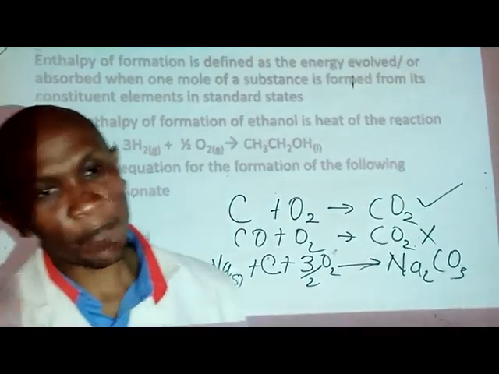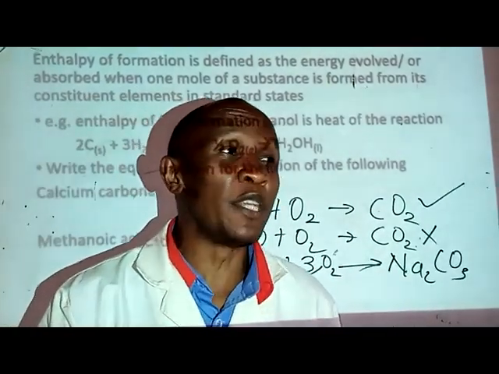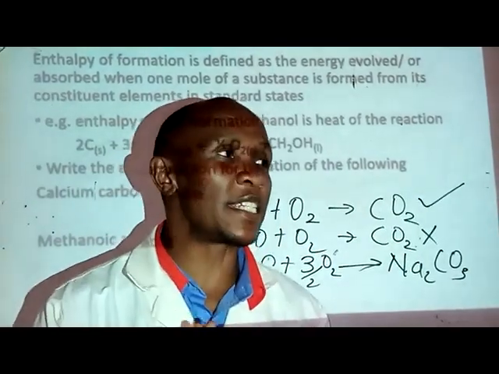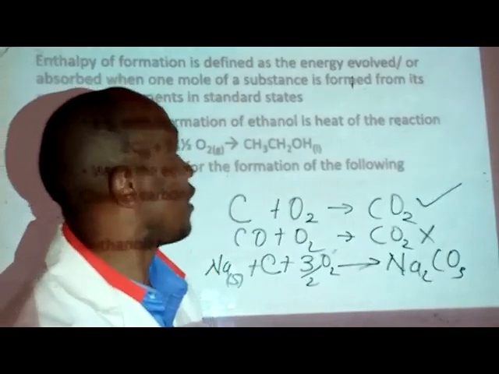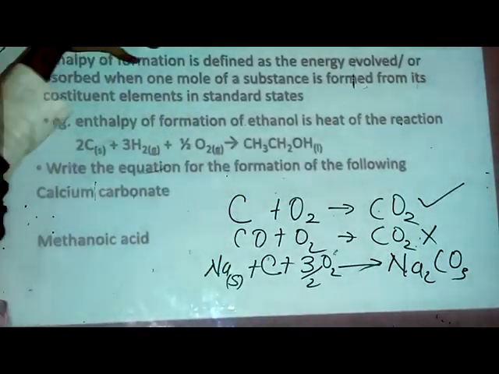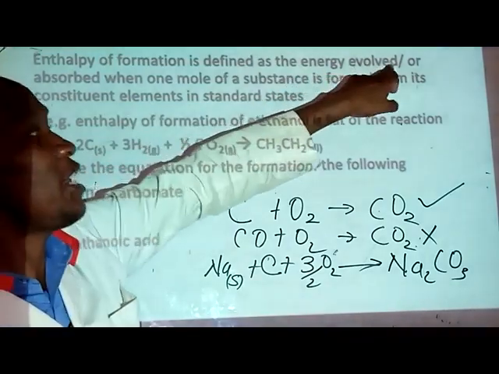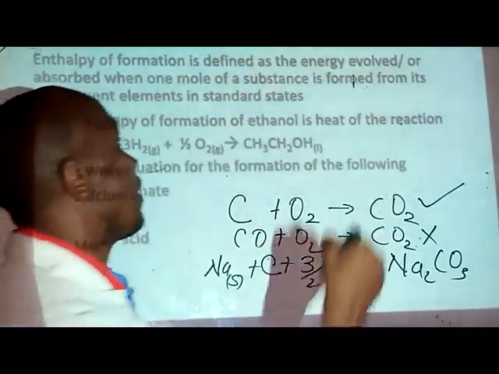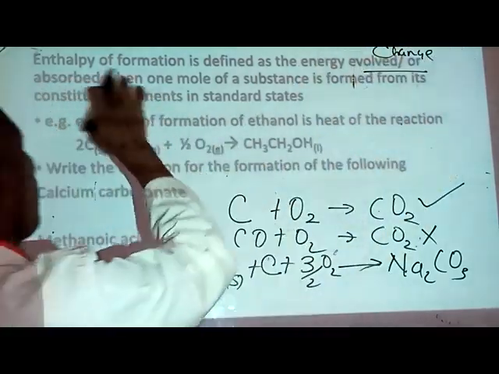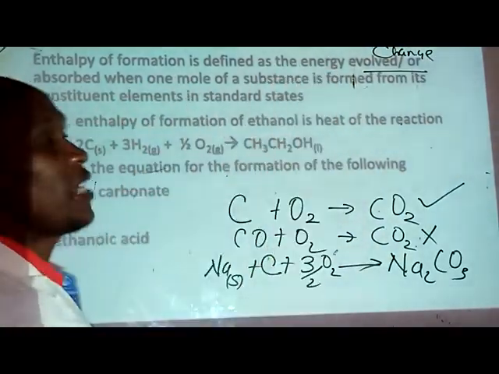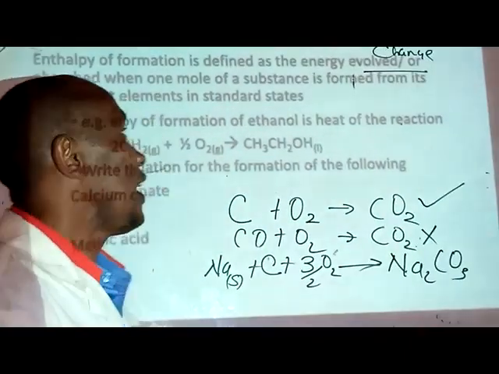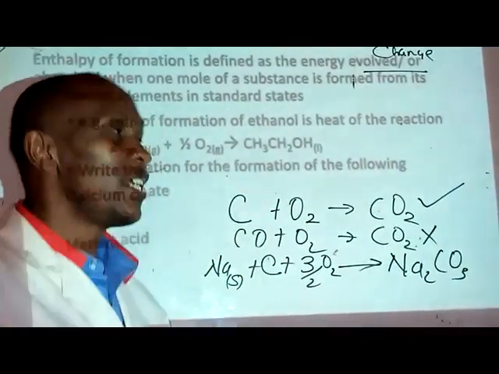Of course, because we are supposed to be talking about the standard state, you then add the standard state after whatever I've said. So this becomes our working definition. The enthalpy of formation is the energy evolved or absorbed, or you can simply say the energy change, when 1 mole of a substance is formed from the constituent elements at the standard state.